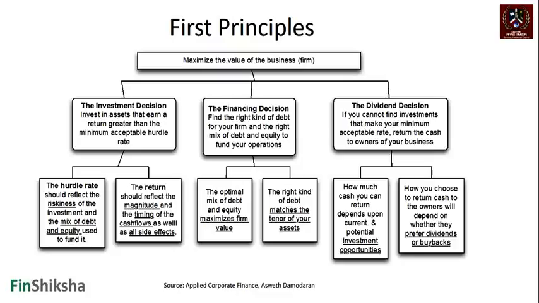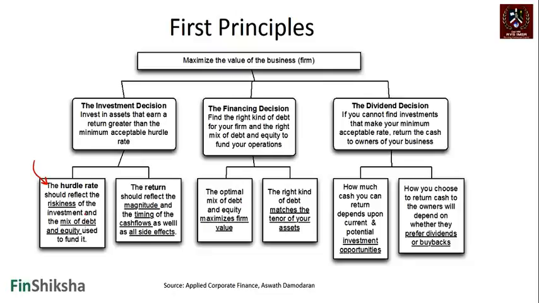If we go back to the first principles that we had looked at in order to maximize the value of the business, we are now going to cover the portion which says that the hurdle rate should reflect the riskiness of the investment and the mix of debt and equity used to fund it. So we are now trying to identify the rate at which we will discount the cash flows that a particular project generates.